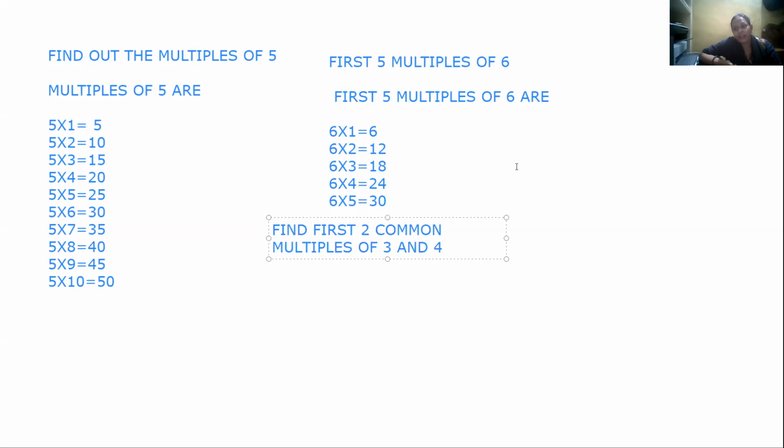So you have to find the first 2 common multiples of 3 and 4. Now what will you do? The very first step is you will write down the multiples of 3 and 4. At least find out the first 10 multiples of 3 and the first 10 multiples of 4.